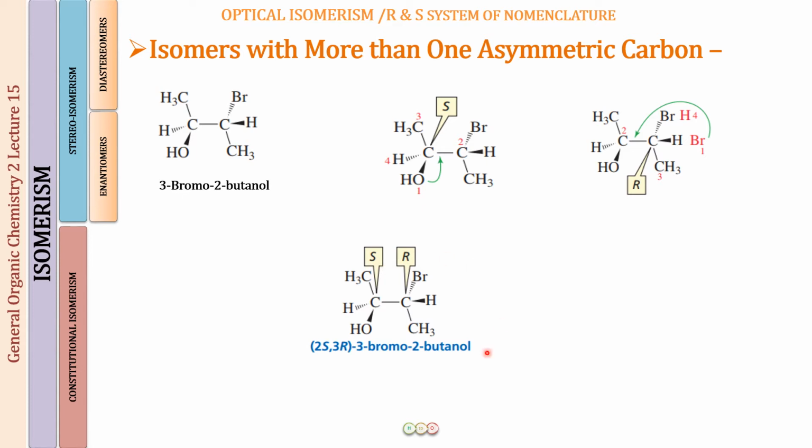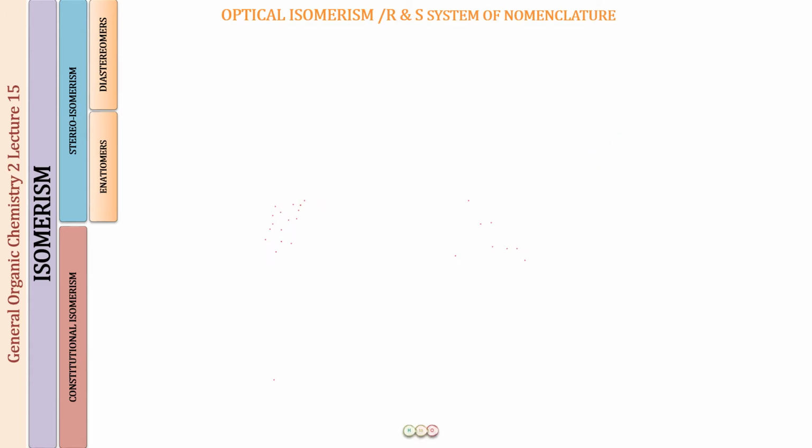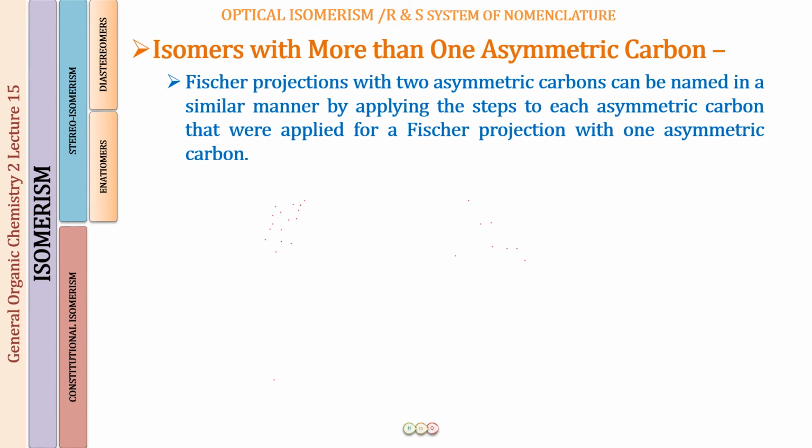Now, similar to the wedge and dash projection, you also have to learn the Fisher projection, how you're going to name these compounds. So let us do that as well. So with the Fisher projections also, you will find that even with two asymmetric carbons, the compounds can be named in a similar manner by applying the steps to each asymmetric carbon that we applied for a Fisher projection with one asymmetric carbon.